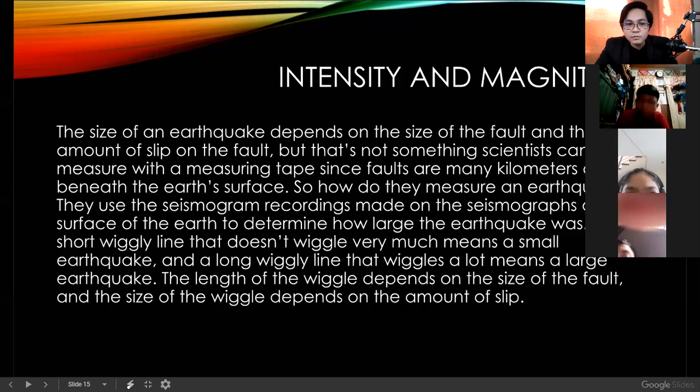A long, wiggly line that wiggles a lot means a large earthquake. Again, it depends upon the magnitude and the intensity. The length of the wiggle depends on the size of the fault, and the size of the wiggle depends on the amount of slip.